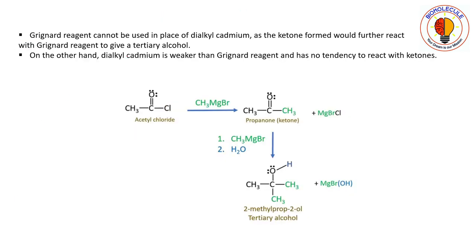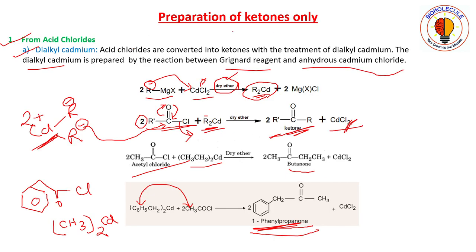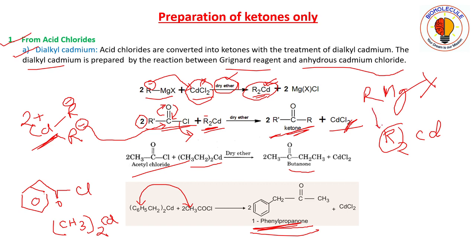So now, why have we used cadmium chloride, why have you used this dialkyl cadmium, why not simply Grignard? Because both of them have the same alkyl groups. See here, RMgX, and in dialkyl cadmium R2Cd, this R comes directly from Grignard only.